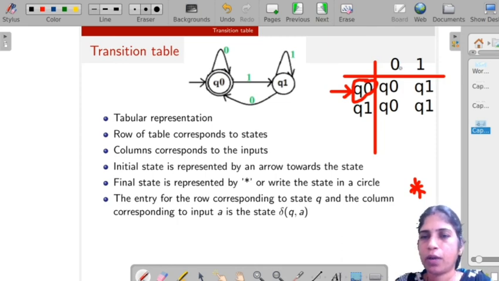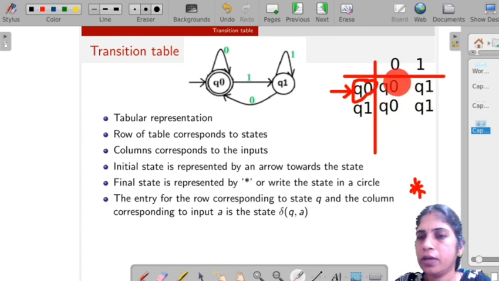So the transition table representation of finite automata is a tabular representation. There are a number of rows and columns. Rows represent the states and columns represent the input symbols. Each entry in the table, for state q and input symbol a, holds delta of q comma a.